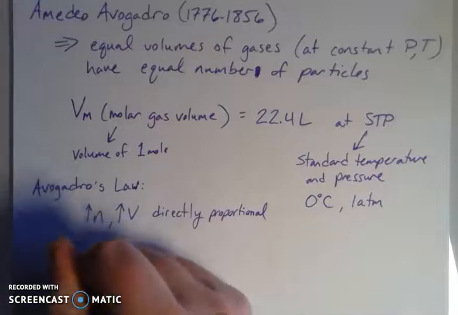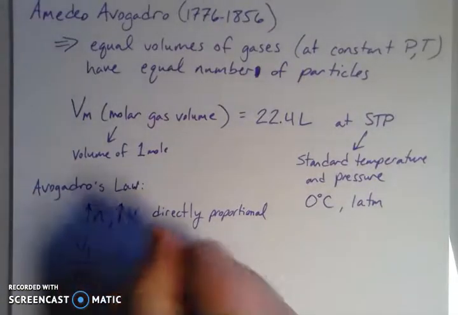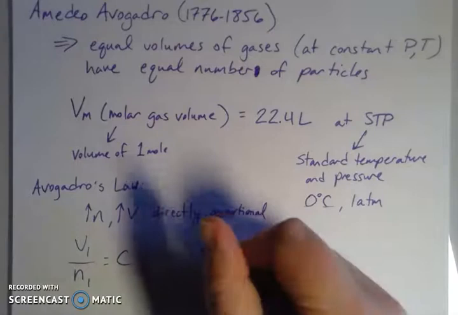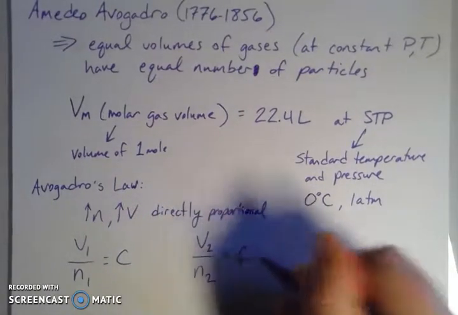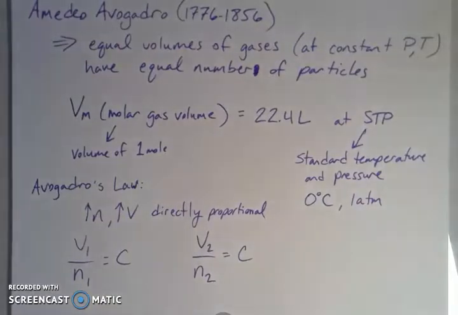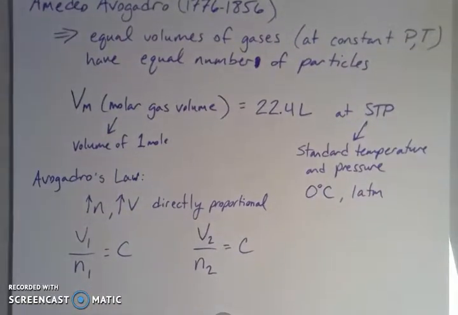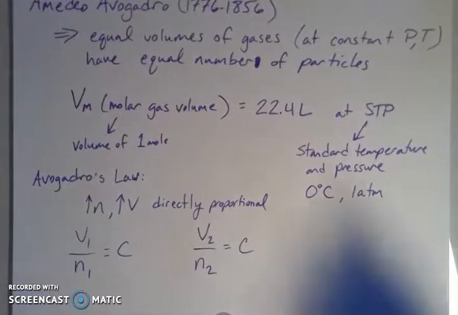And that ratio of volume over number of particles is going to equal some number. And if I change it, then that's going to give me that same ratio. That's that direct proportionality. So that means that I can set these equal to each other.